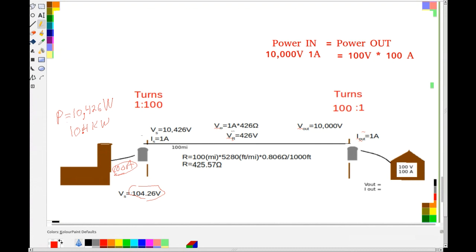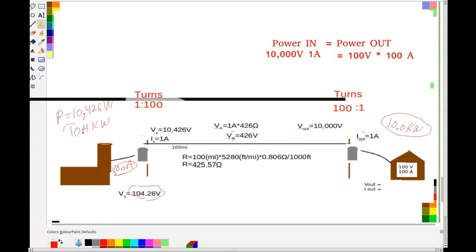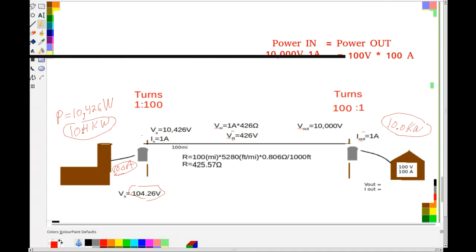All right. So over here, right, I'm using 10,000 watts. Okay. So basically they're going to be charging me to pay for 10.4 kilowatts. So hopefully you can see the beauty of these transformers.